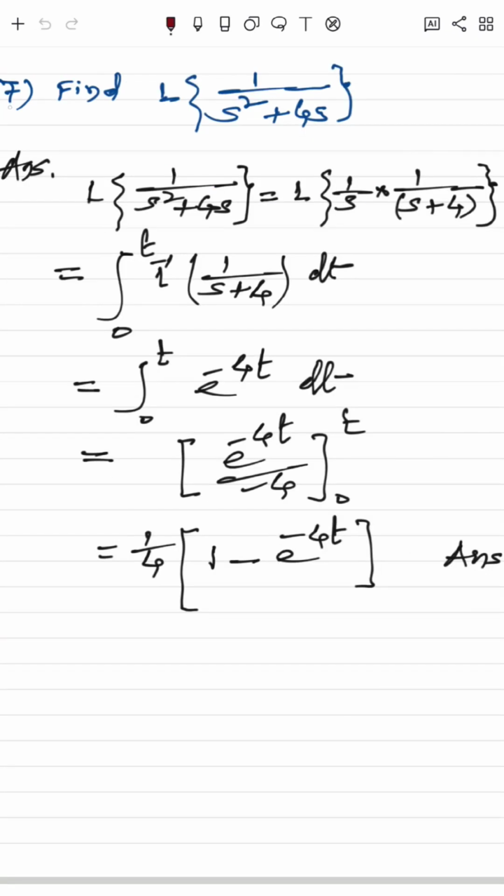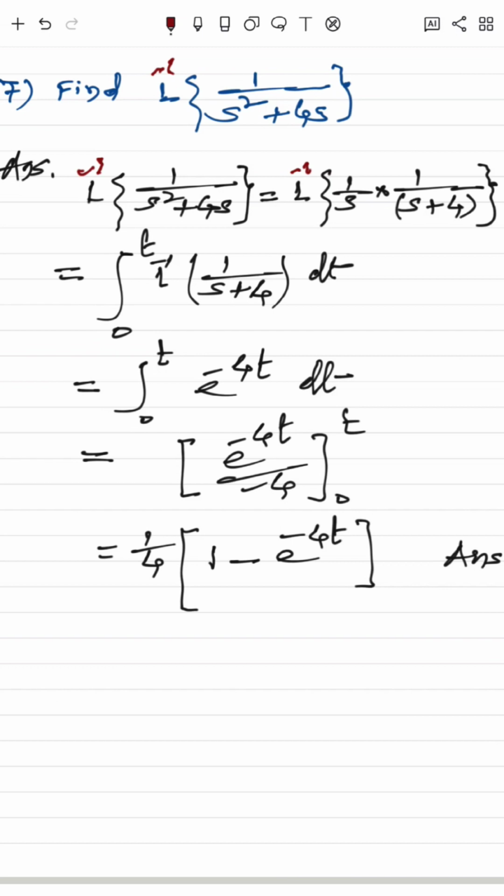Therefore, question number 7. Find inverse Laplace of 1 upon s square plus 4s. To find this, we can rewrite it as inverse Laplace of 1 by s into 1 upon s plus 4, by taking s common.